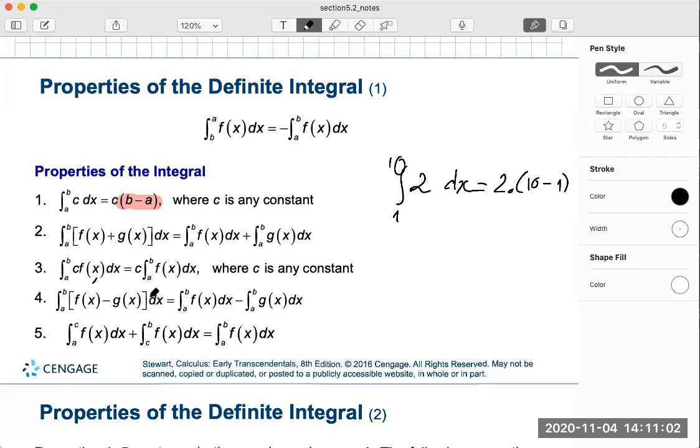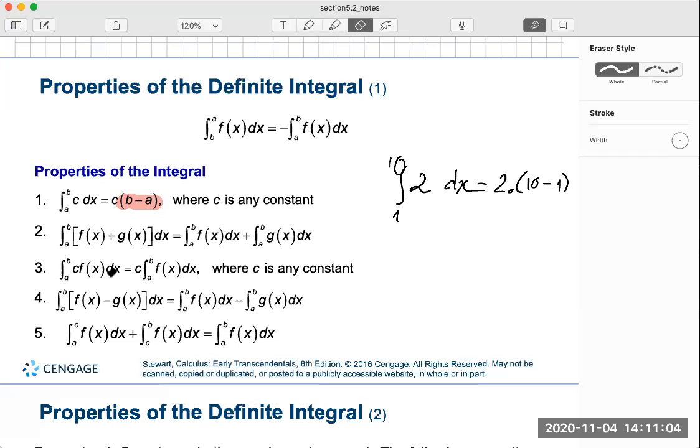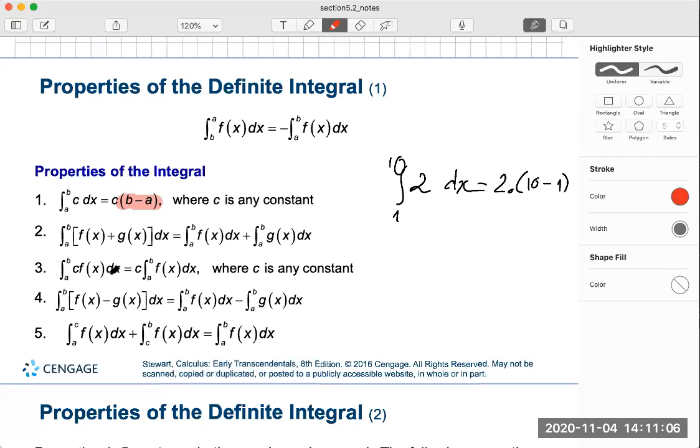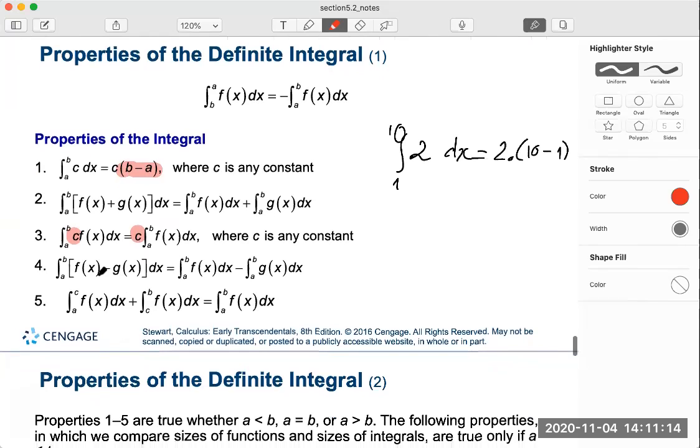And similarly, the integral of a sum will be the sum of the integrals. And the constant c, you can take it out of the integral. Okay? And the integral of a difference will be the difference of the integrals.